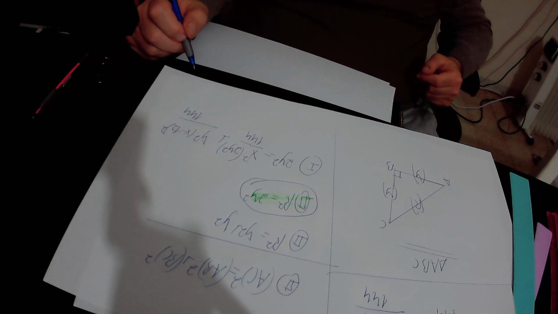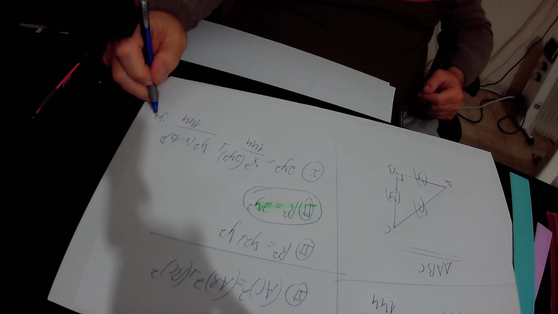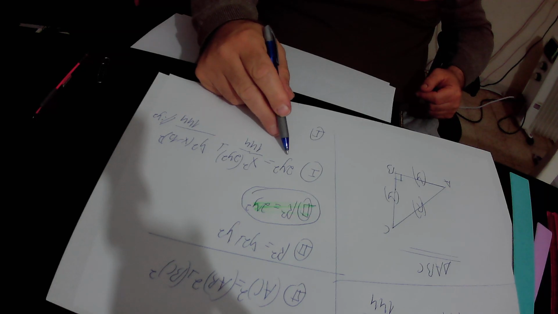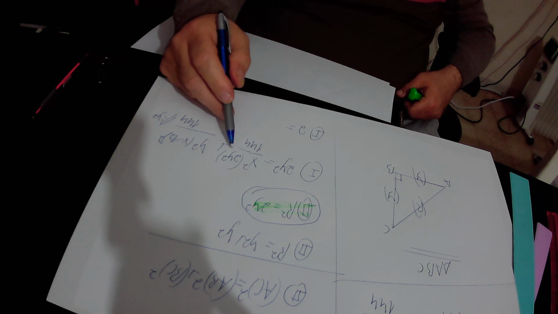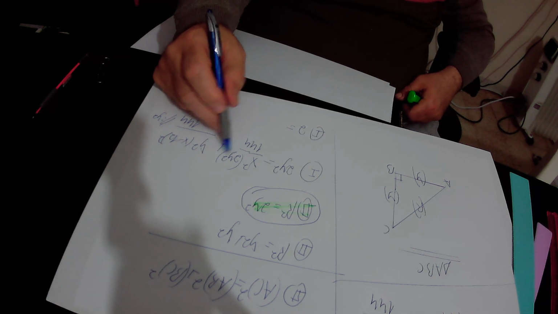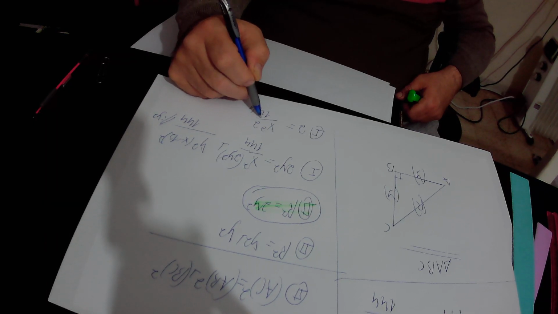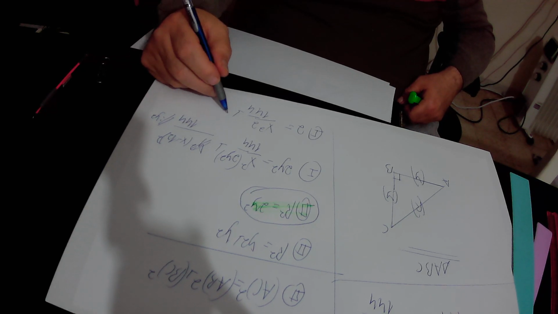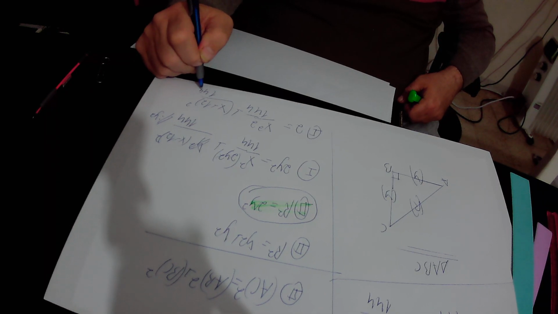Here we will divide this equation by y squared, and we get that 2y squared over y squared is 2, and it is equal to, here y squared will get cancelled, x squared times 2 over 144 plus (x plus 12) squared over 144.